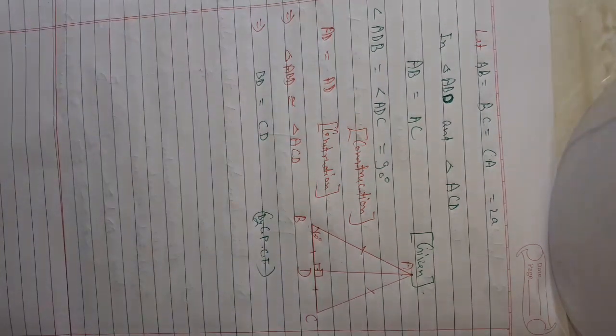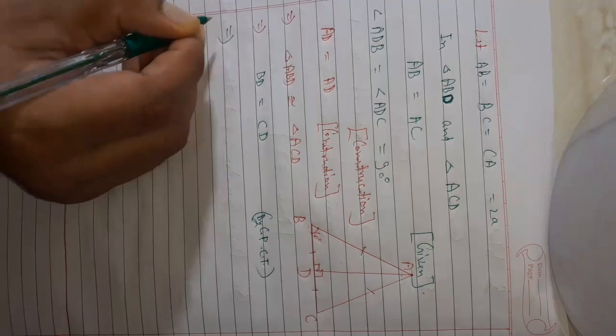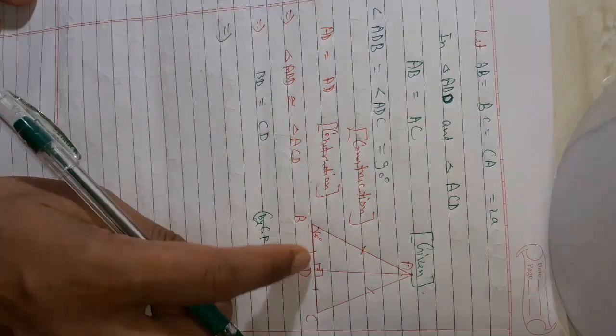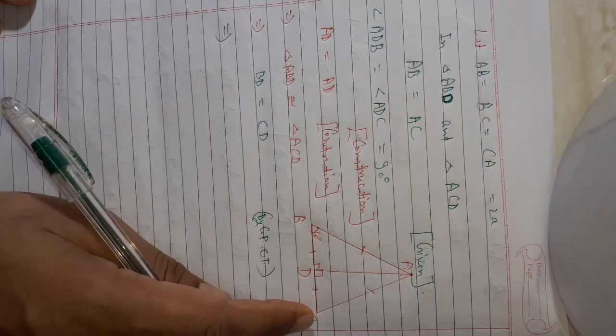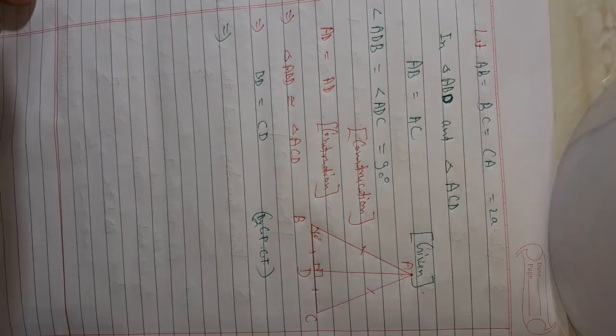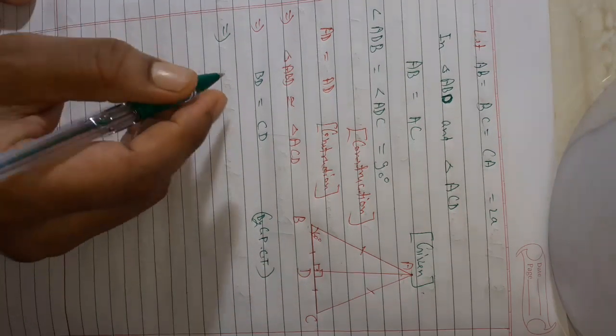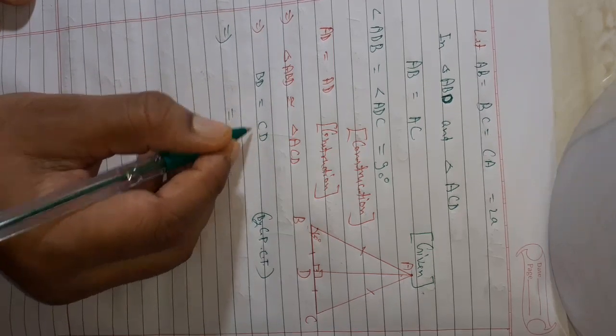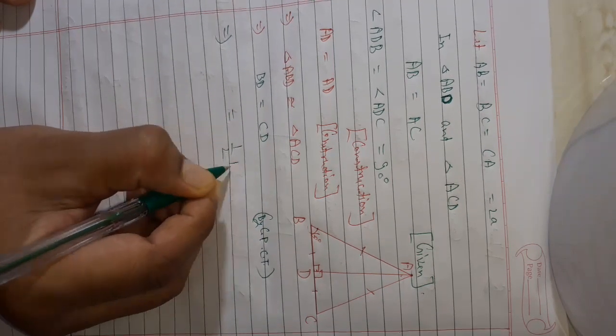Clear? By CPCT, this happens: BD is equal to CD. It implies what will be there? What is BD? BD is equal to half of BC is equal to CD. So CD is half of BC.